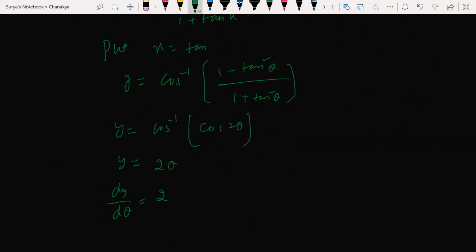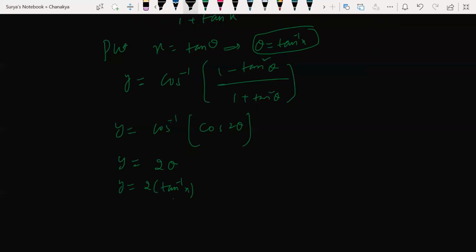Or else you do one thing, beta. Let us not differentiate now. X is equal to tan theta, right? So y is equal to 2 into theta. What is theta here? Theta is equal to tan inverse x, isn't it? You understand my point?